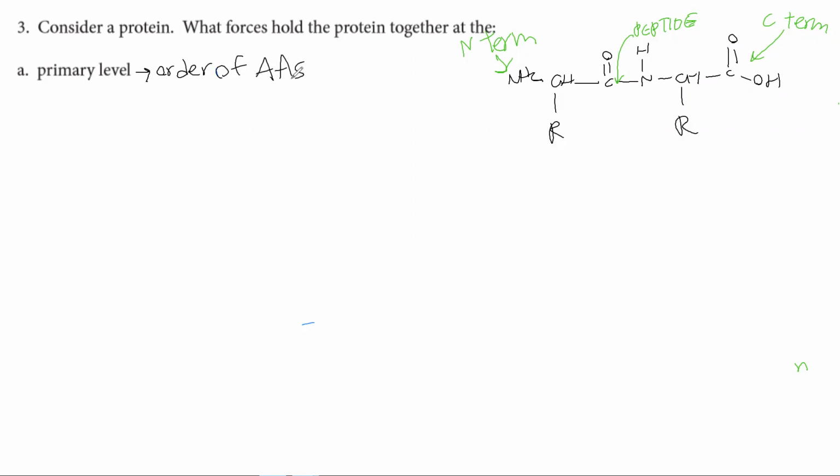Take a second and reflect based on what we just did. What is holding together amino acids? We just drew two amino acids being linked together by this peptide bond. So the forces holding the protein together at the primary level are just the peptide bonds.